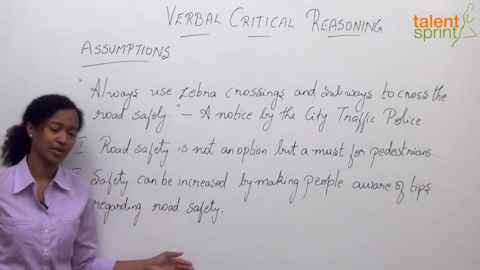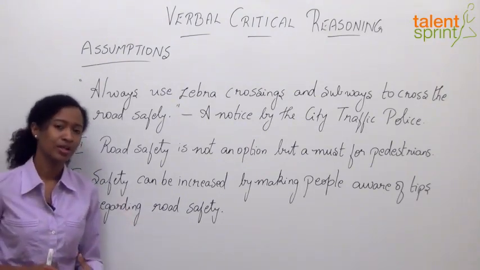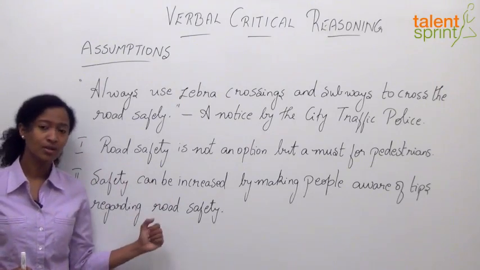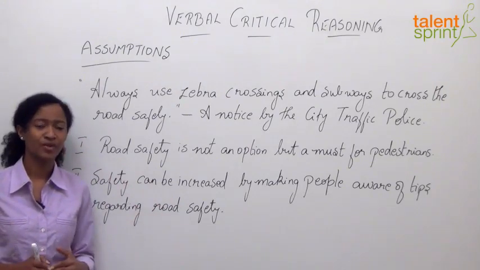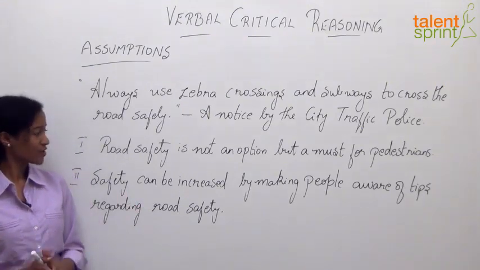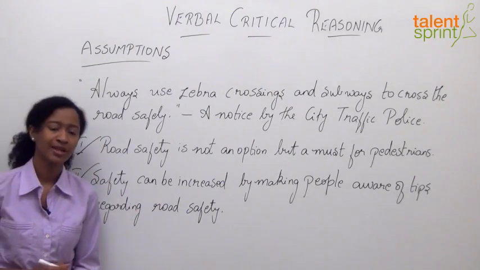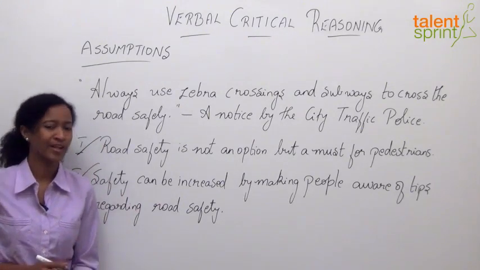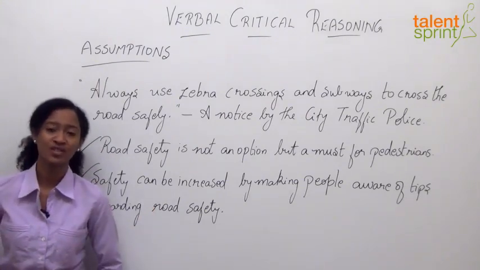This is an assumption that I can derive from the statement. So in this scenario, both the assumptions are inferred or implied from the statement. Alright, so I will say assumption 1 and assumption 2 can be assumed or implied from the statement. So let's go ahead and look at our next question type, which is arguments.